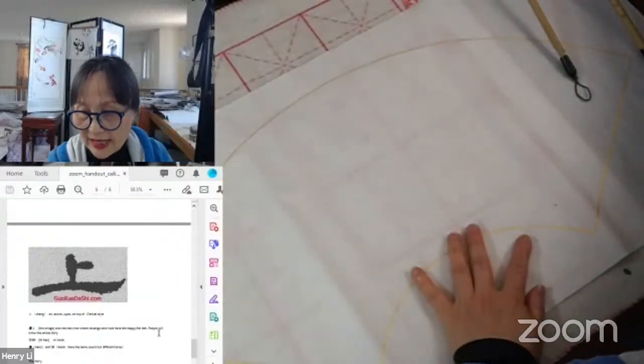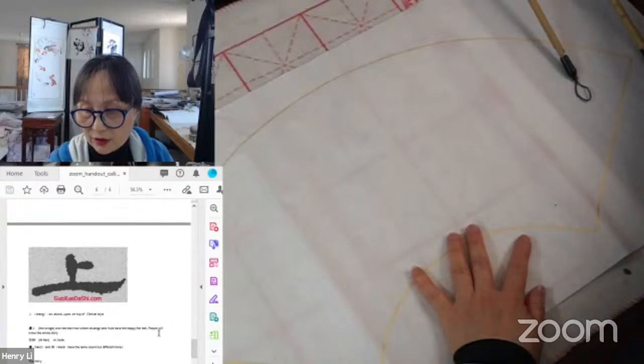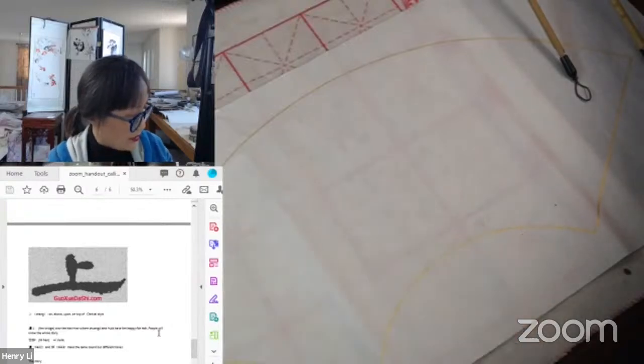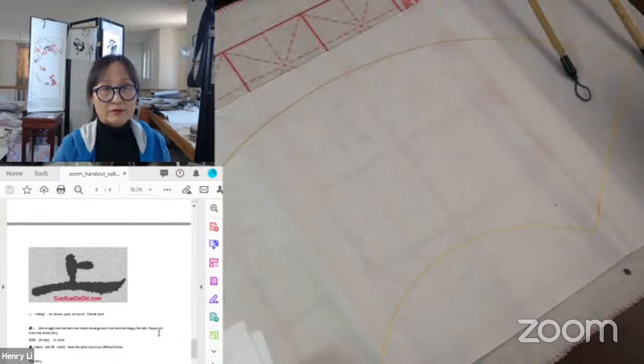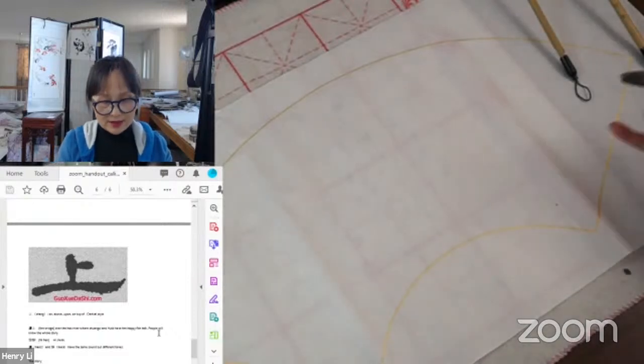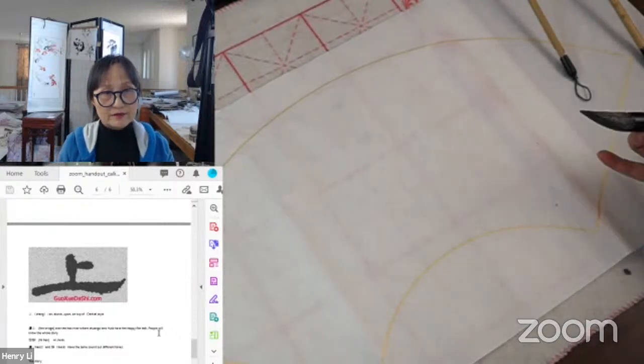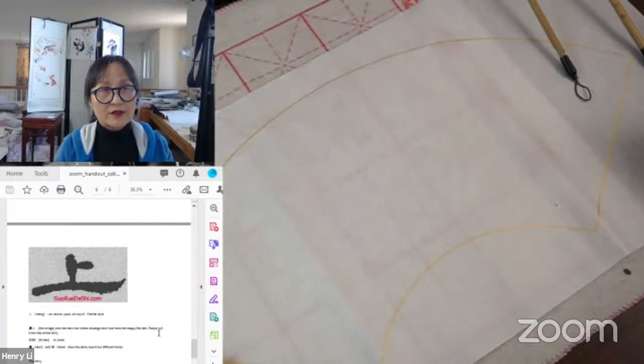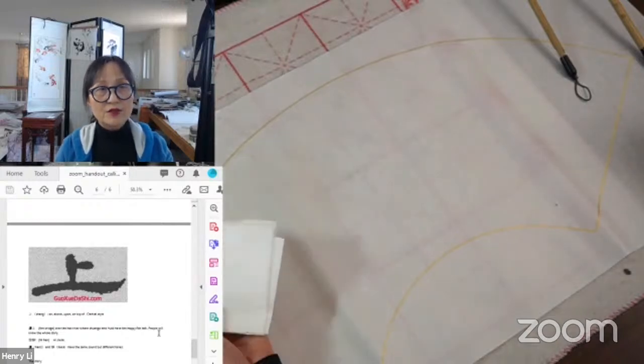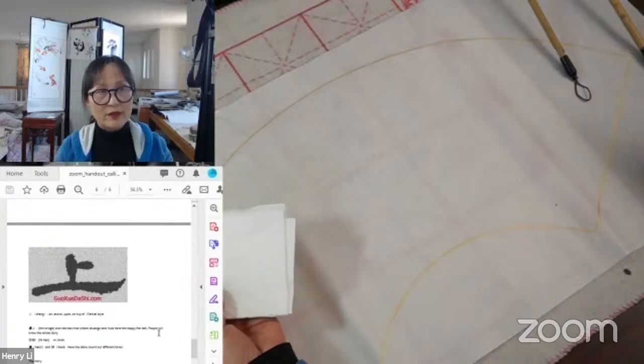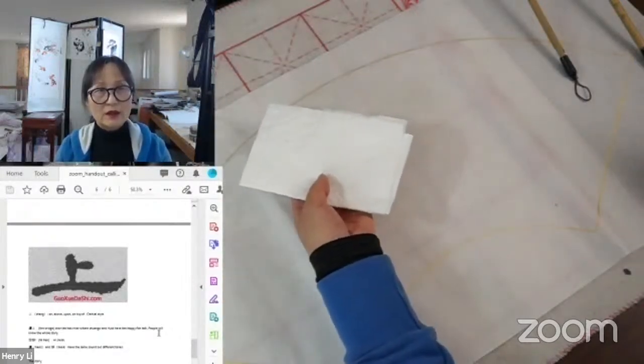Okay, light ink for the whole brush. And this is unsized paper, semi-sized actually, very smearing sometimes. You get some used Shuan paper or paper towel, get ready.